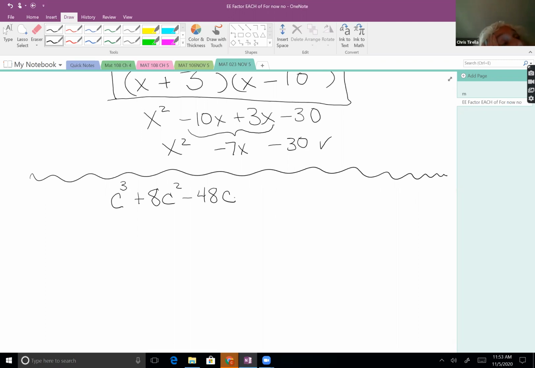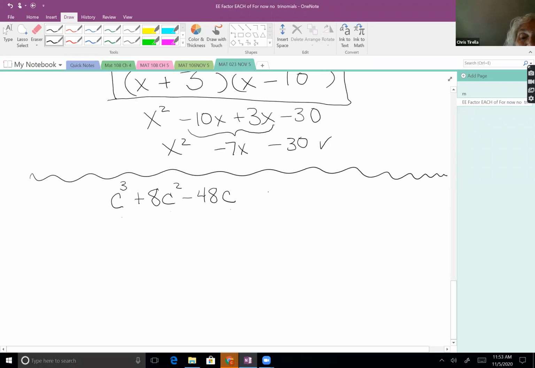What do you folks notice that's different about this one? Anybody see anything different? More exponents. There's more exponents, right? There's a lot of things going on, right? Don't they all have a C?